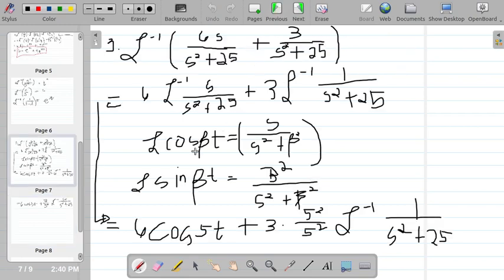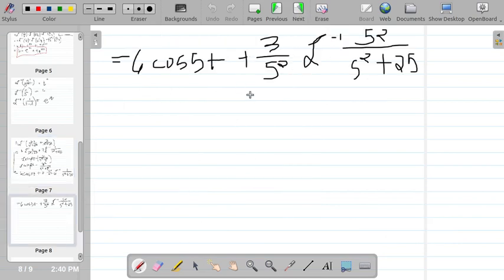So we can rewrite the inverse transform of beta squared over s squared plus beta squared as sine beta t, where beta is the square root of 25, which is 5.